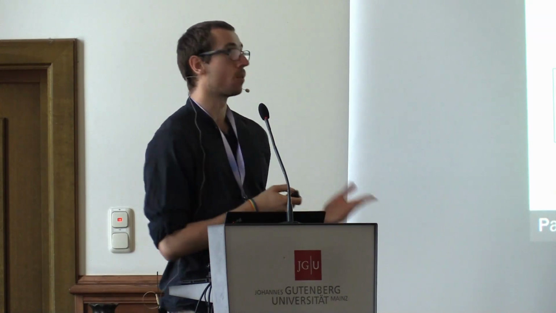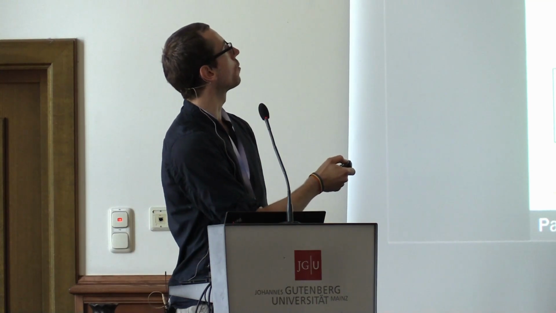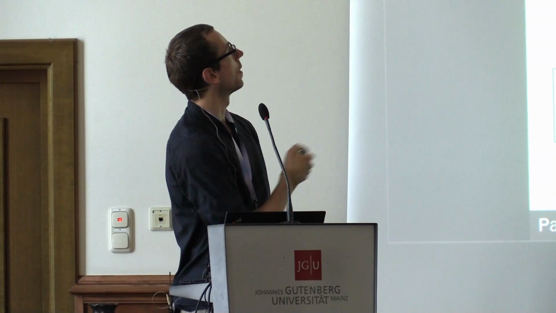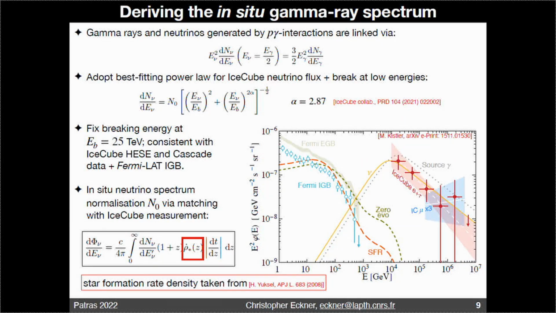This is exactly what we do, a bit more in numbers. You can link the spectrum of neutrinos to the spectrum of gamma rays with this nice equation, since they come from the same interaction. And, as I said, you have to impose a break in the spectrum of neutrinos that you then relate to get the gamma ray spectrum in a star-forming galaxy.